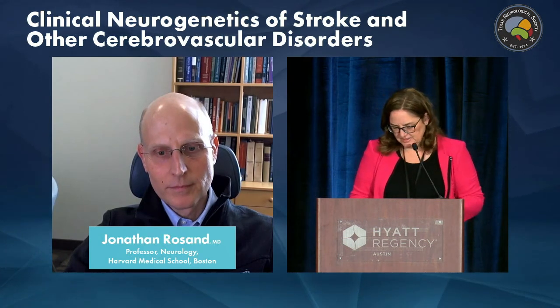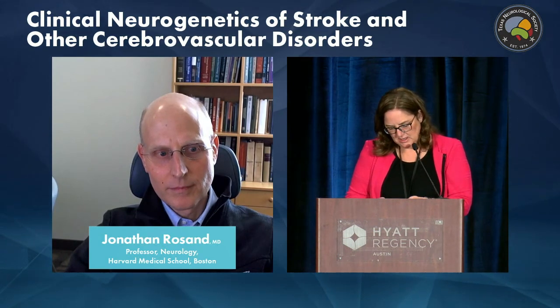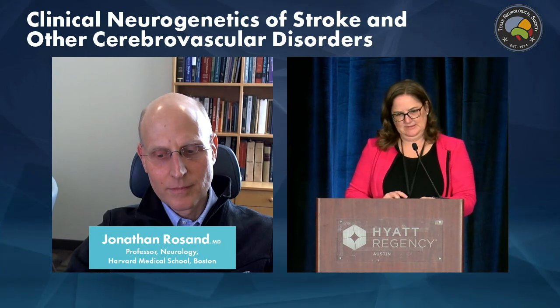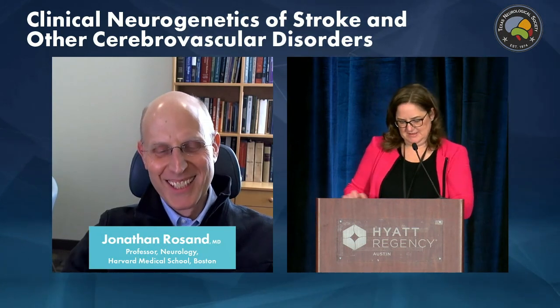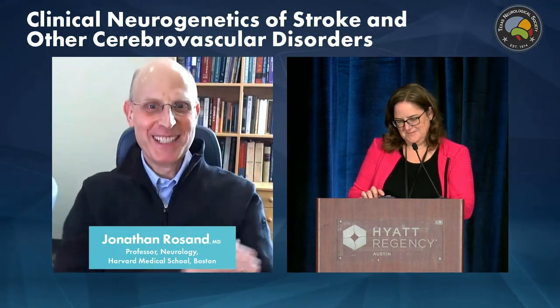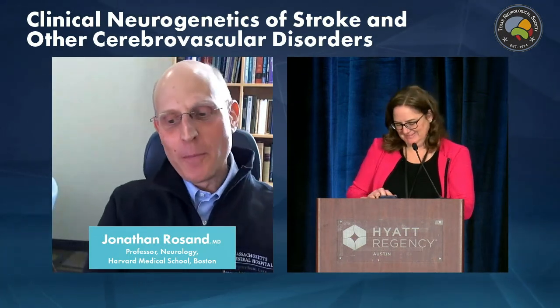Excellent. And the last question, because we're almost out of time, somebody asked, can you comment on potential mechanism by which E4 enhances risk of bleeding? Well, that's been a tough one. I think Dr. McCullough is probably an expert to answer.